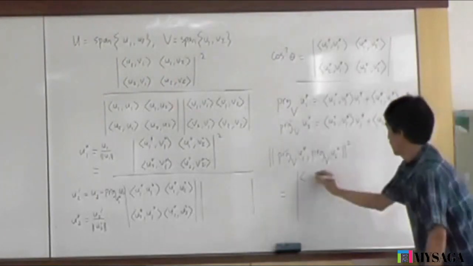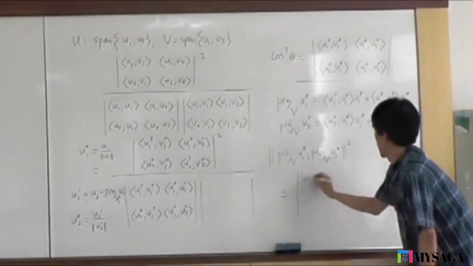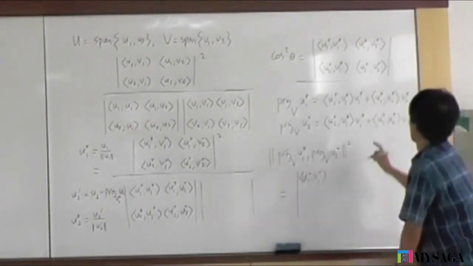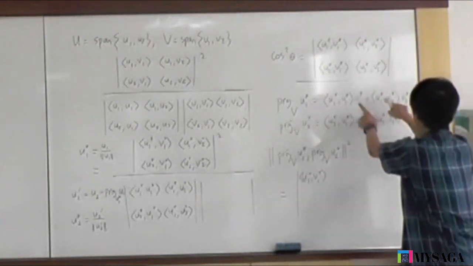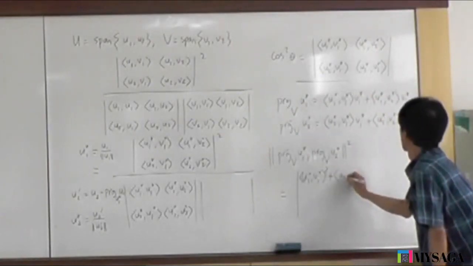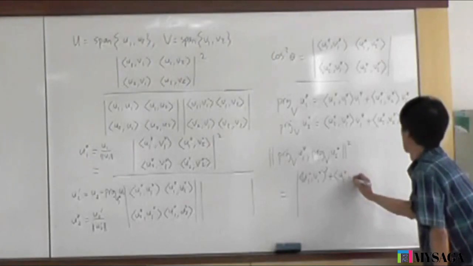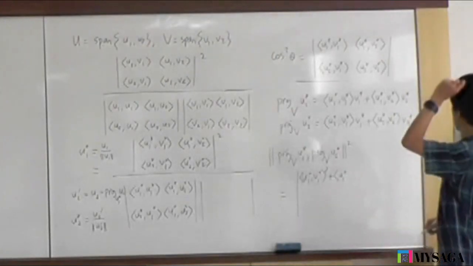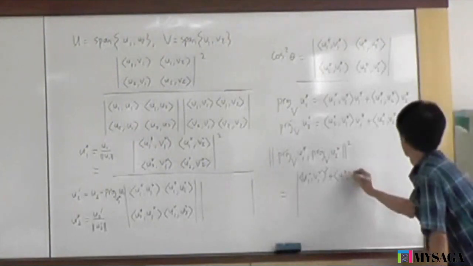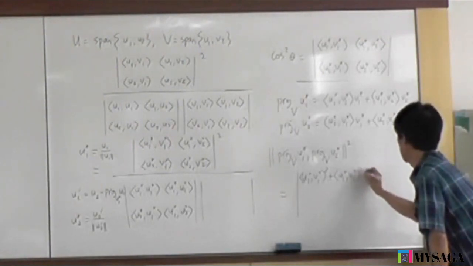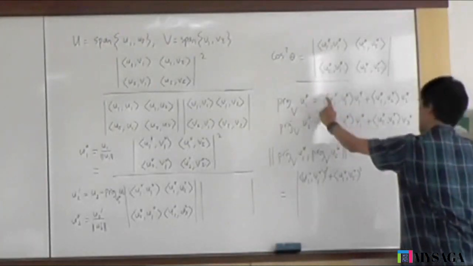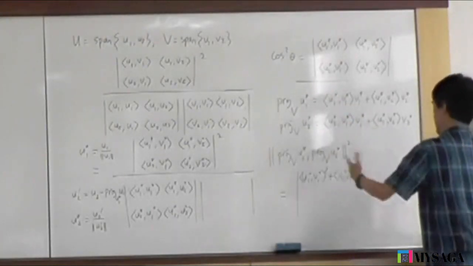So that will be U1 star V1 star, this is orthogonal, so this is squared, and then U1 star V2 star squared, right? And then inner product between this and that, and so on.